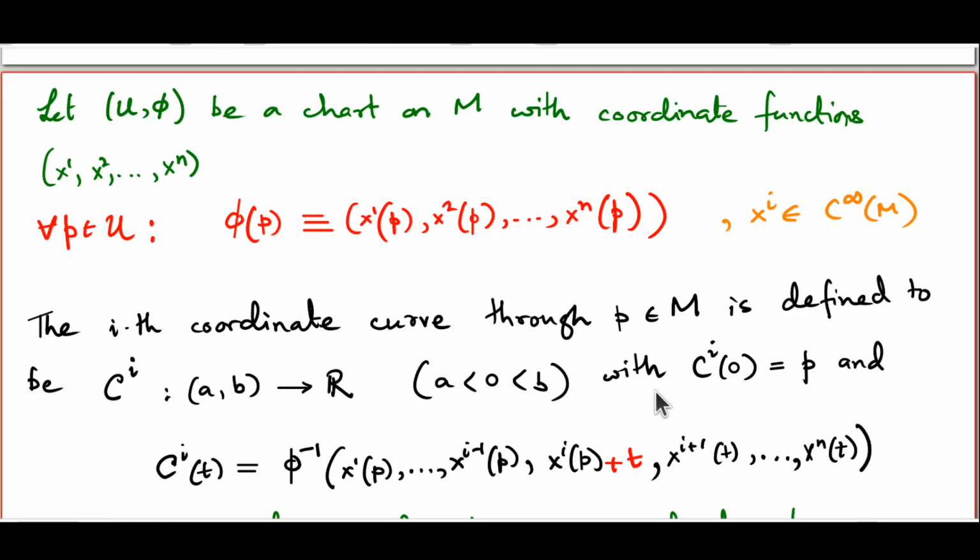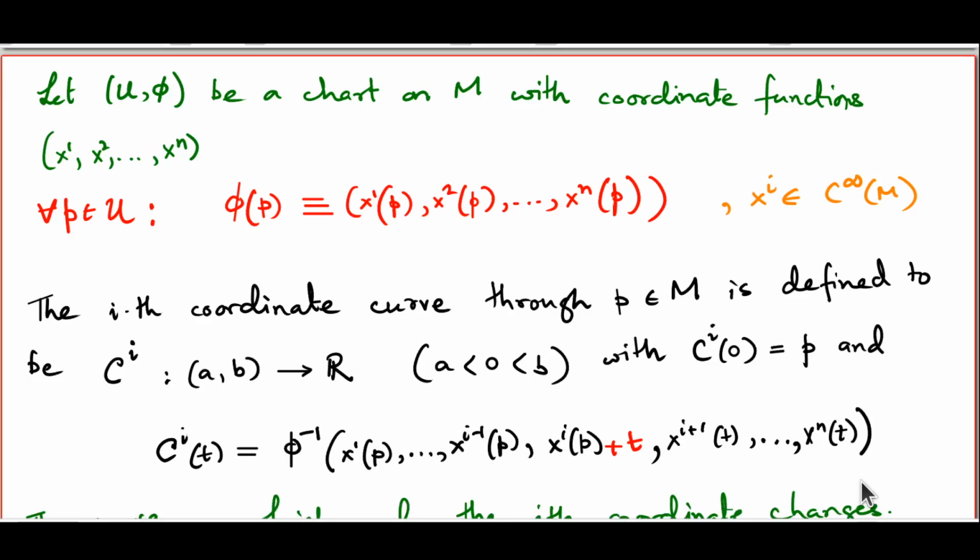And this curve has this property that Ci at 0 is the point P, and Ci at t is given by this rather complicated looking set of numbers. But that actually is pretty straightforward.